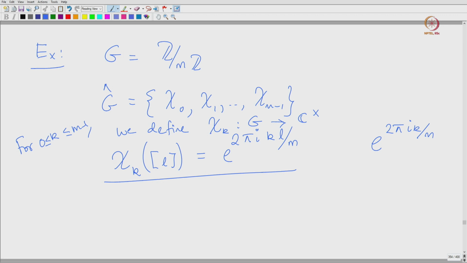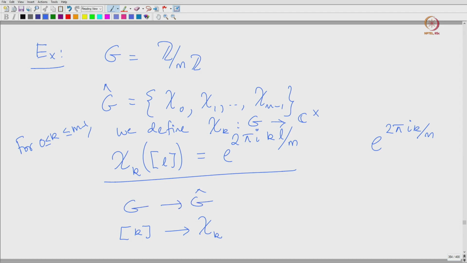So, in particular we have m number of elements in G hat, and it is indeed a very easy thing to prove that the map that sends the class K to chi k gives an isomorphism between G and G hat.